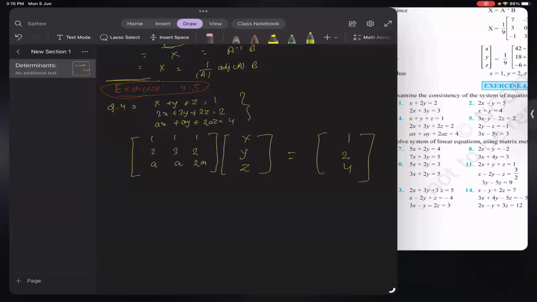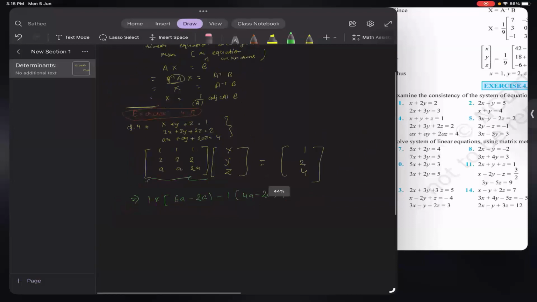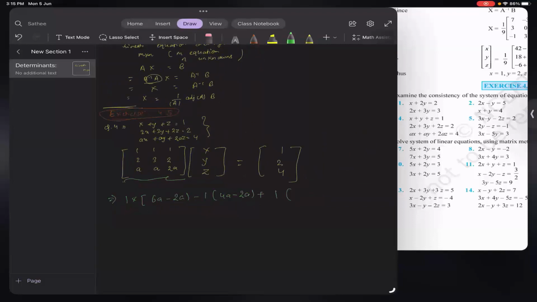This is our system of equations, and everything depends on the condition of the determinant. If we find the determinant of this matrix, it is equal to 1 times (6a minus 2a), minus 1 times (4a minus 2a), plus 1 times (2a minus 3a).